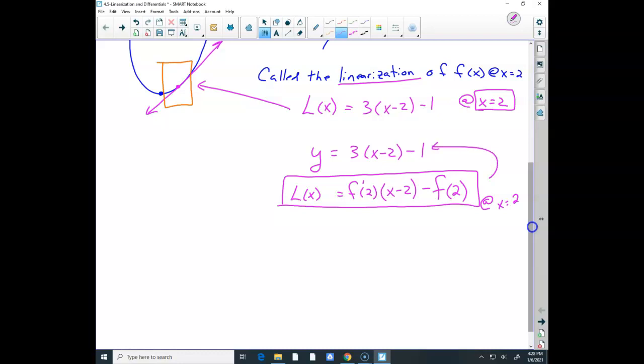These two are basically the same thing, because when I'm close to 2, that's what happens. This is the linearization at x equals 2. Notice my 2 is everywhere. I can tell I'm linearizing my function at 2.